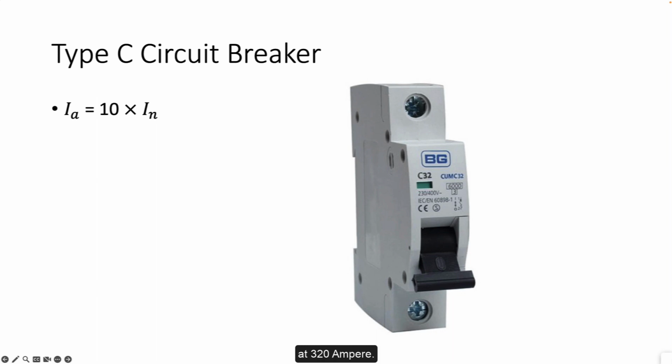For example, for a 32 ampere Type C circuit breaker, the magnetic trip could be set at 320 ampere. This corresponds to I subscript A equal to 10 times I subscript N, where I subscript A is the instantaneous trip current and I subscript N is the rated current.